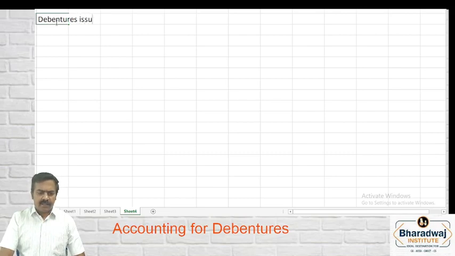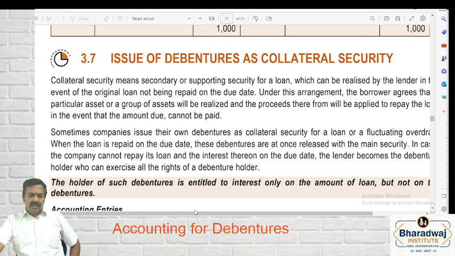Next. Debentures issued as a collateral security.